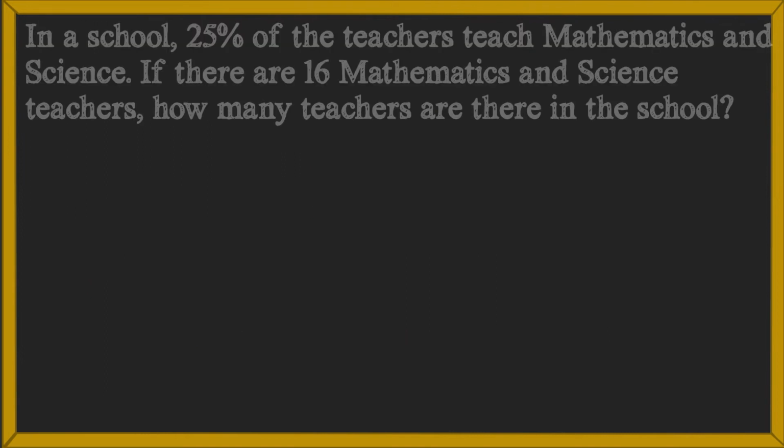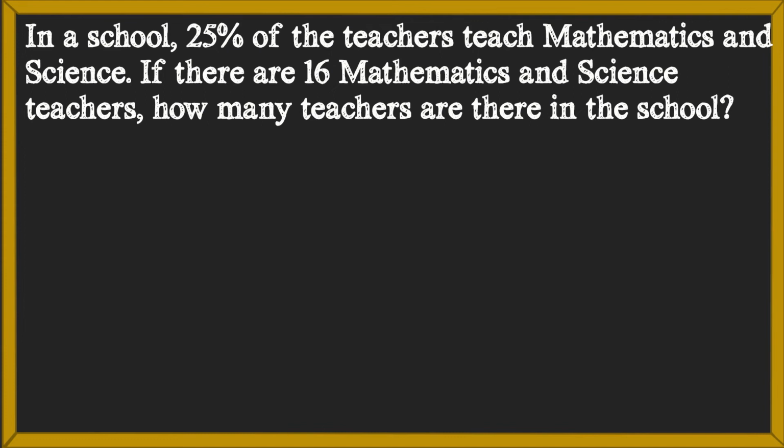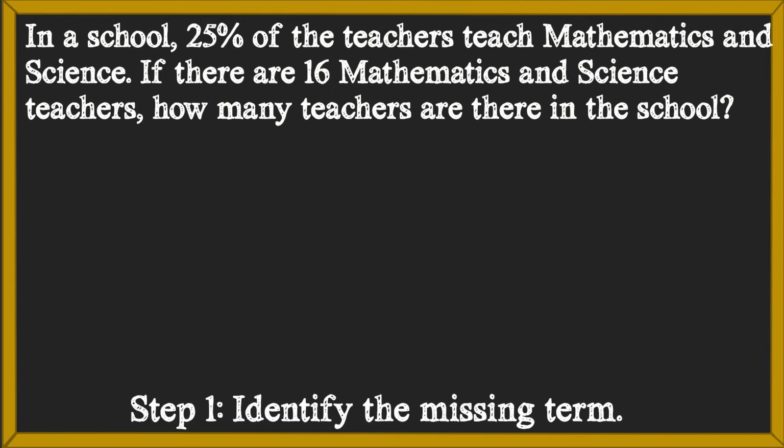Another example. In a school, 25% of the teachers teach mathematics and science. If there are 16 mathematics and science teachers, how many teachers are there in the school? Step 1. Identify the missing term.